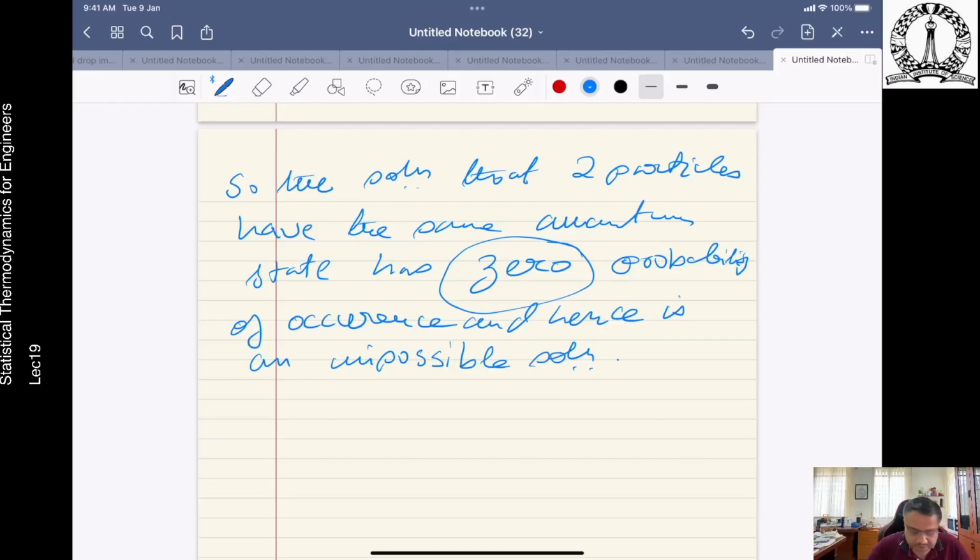This important result is called Pauli's exclusion principle.